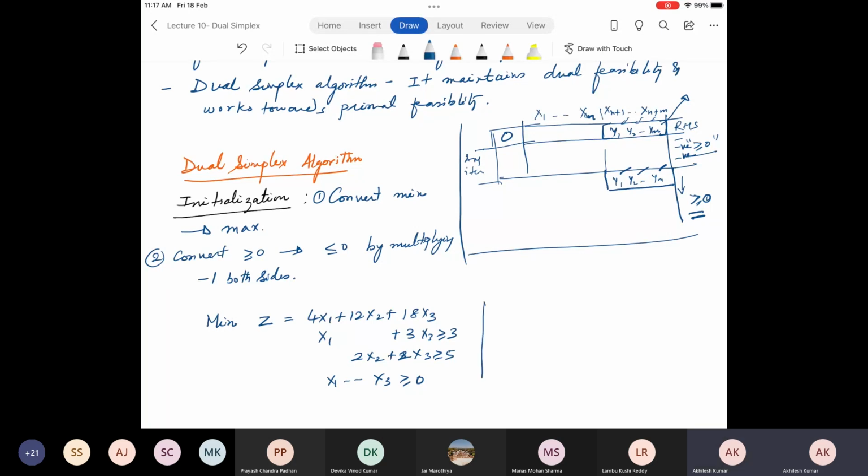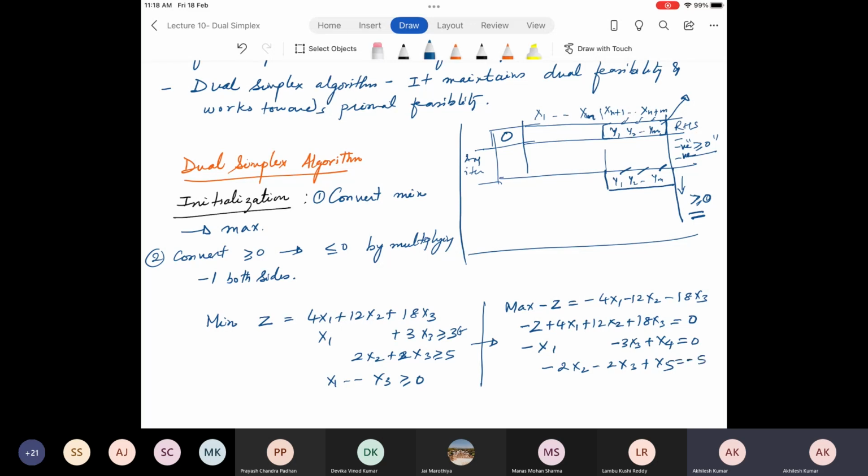So first you need to put it into the standard form. You will put maximize minus g equals minus 4x1 minus 12x2 minus 18x3. So minus g plus 4x1 plus 12x2 plus 18x3 equals 0, your zeroth equation. This constraint will convert into less than or equal to, so minus x1 minus 3x3 plus a slack variable x4 equals minus 3. Then minus 2x2 minus 2x3 plus a slack variable x5 equals minus 5, because after multiplying by minus, this constraint is converted into less than or equal to, so I need to add a slack variable.